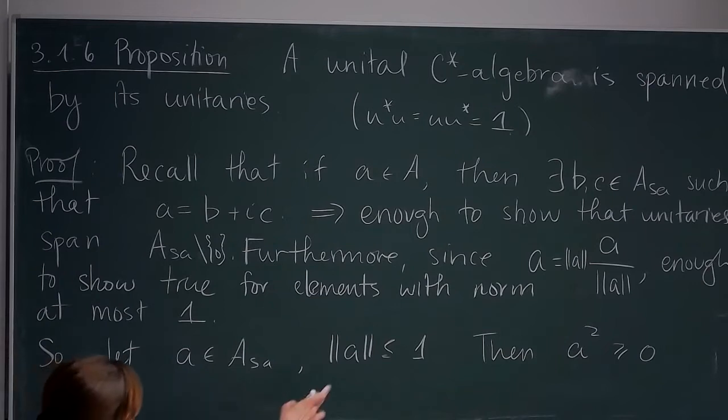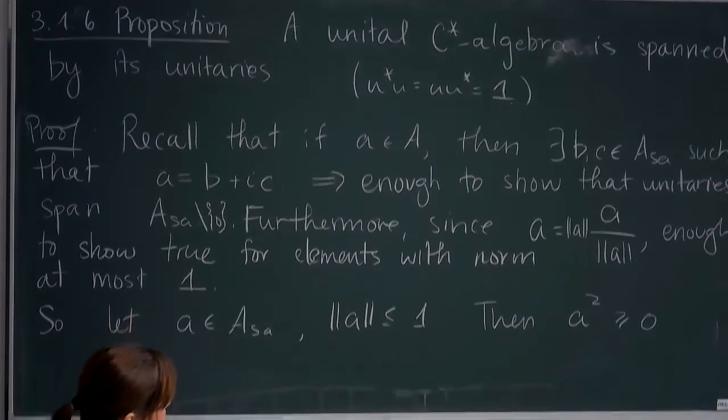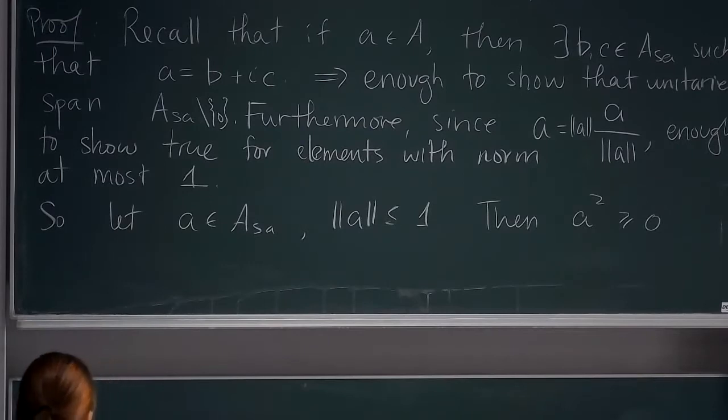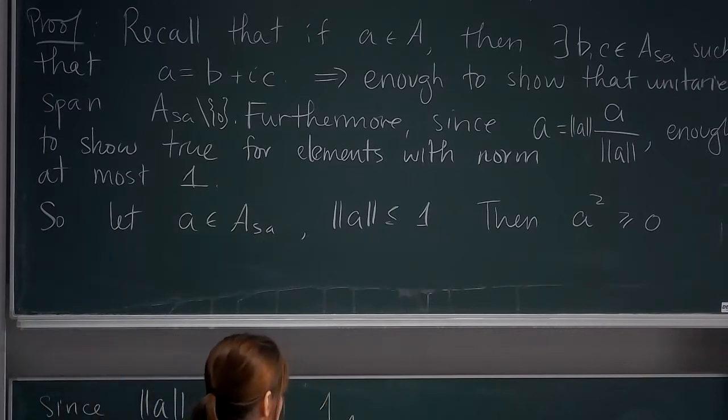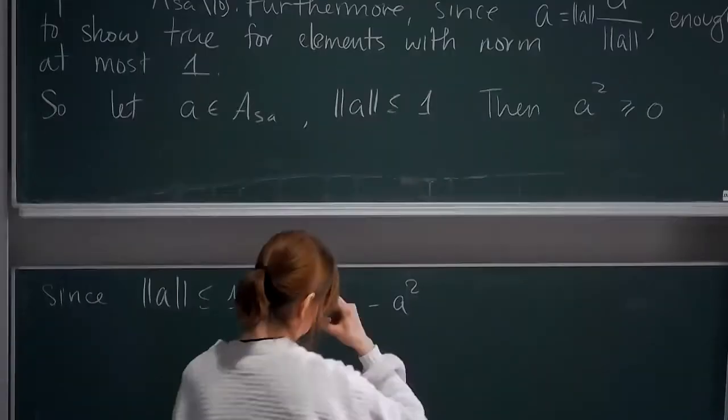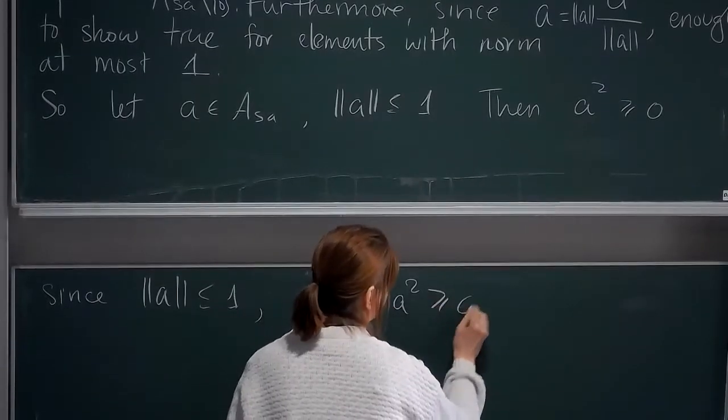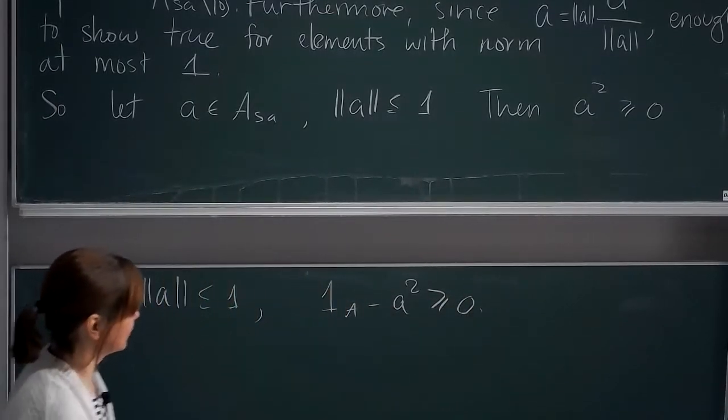And since the norm of A is at most 1, we have that 1 minus A squared is also greater than or equal to 0.